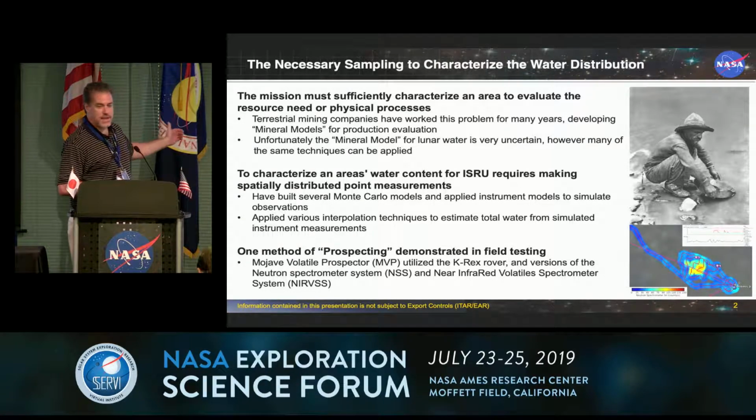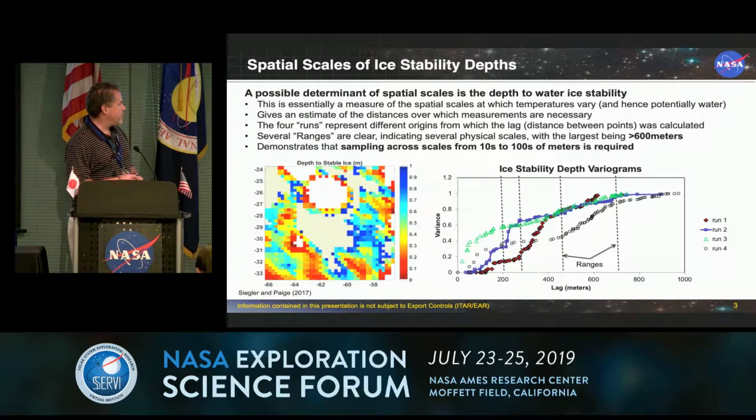We use those to understand the truth, how well we can estimate these things, and then use some of these geostatistics to understand our uncertainties. Then I'll show how that's done with some field data.